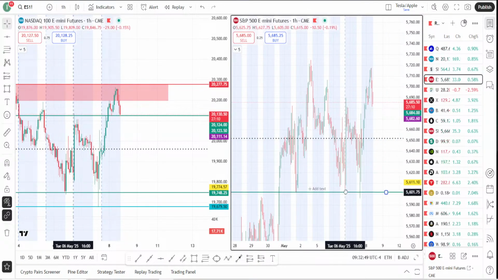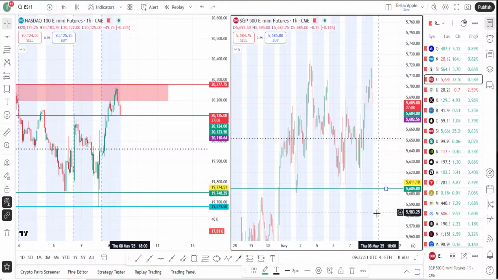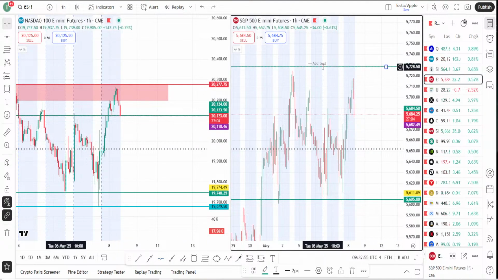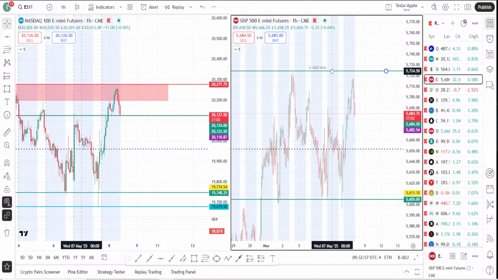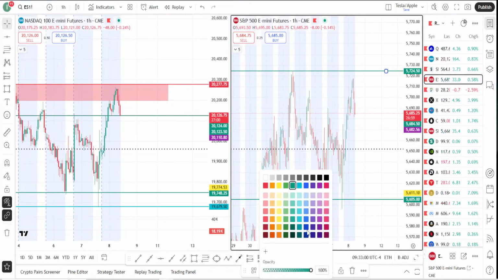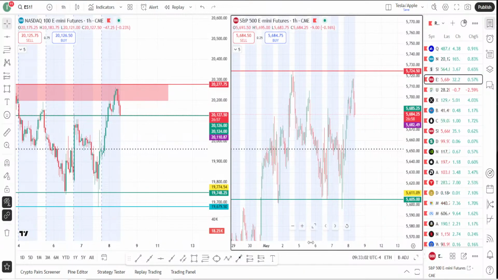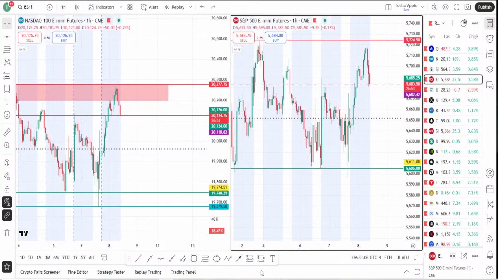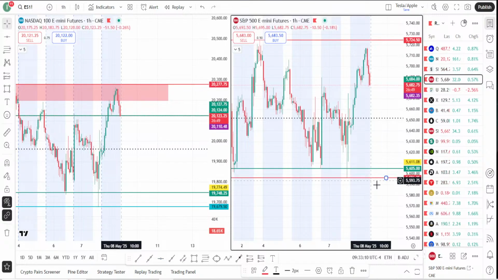Same here at the ES, support. Resistance. And you have a liquidity zone here.